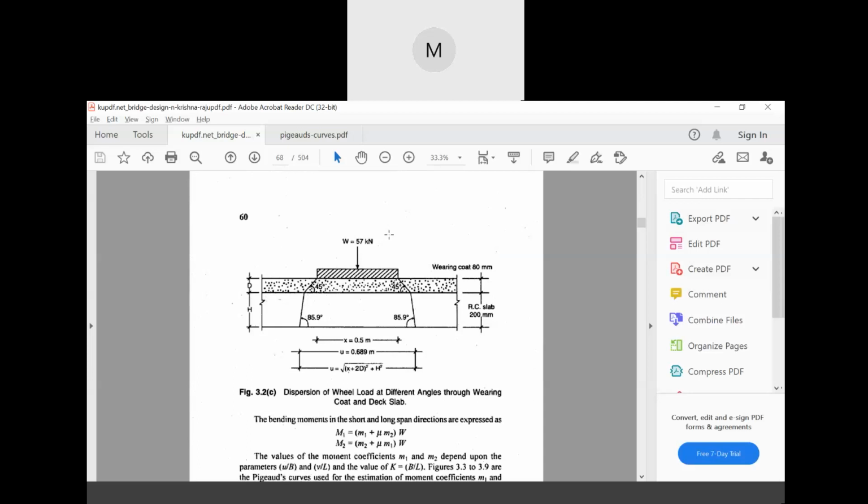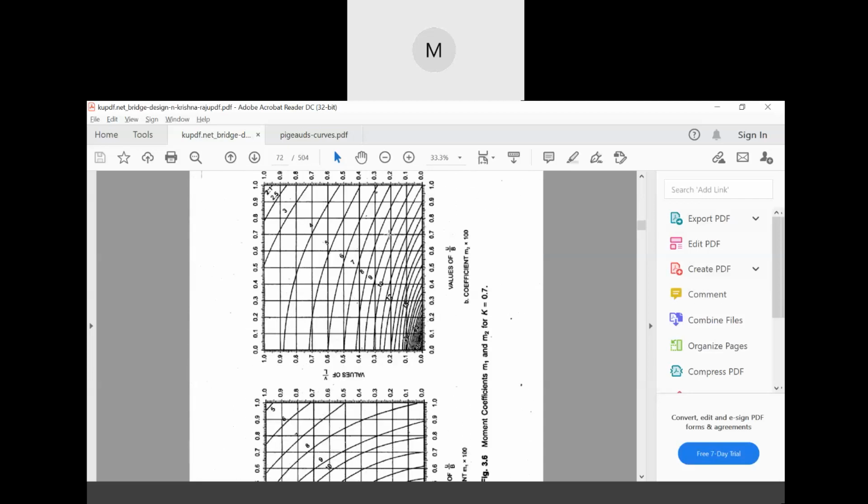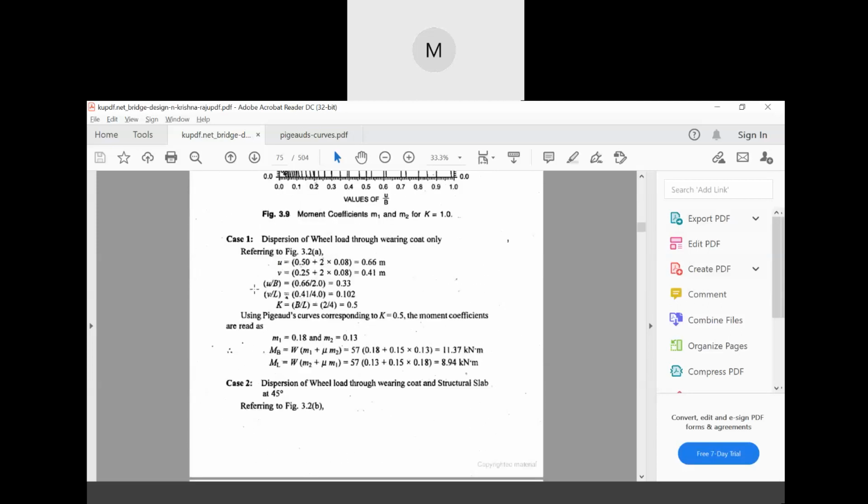Now we'll have to find out what? Small u by capital B and small v by capital L. The u by B and v by L ratios you'll have to find out, which is very important. Okay?